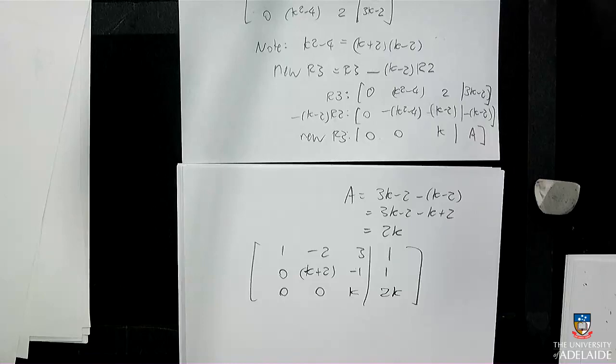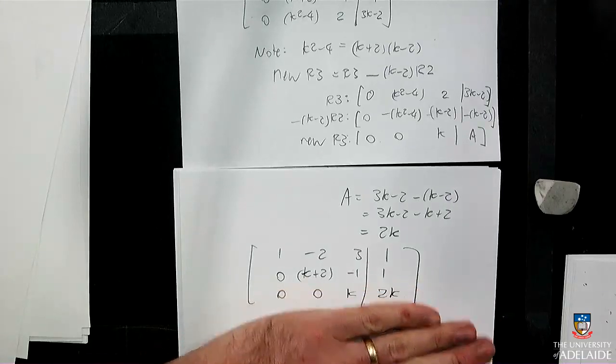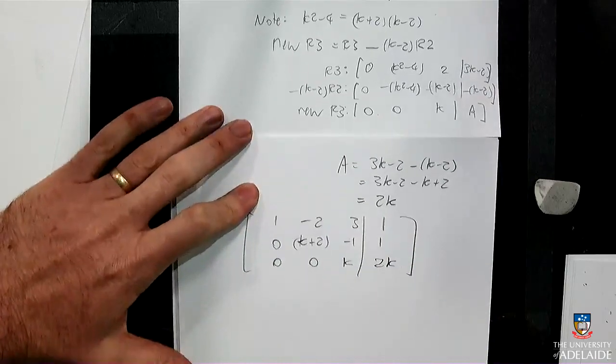All right. Well, at this stage, I can start to see some things. That bottom row, if k is 0, I'm going to get 0, 0, 0, 0. And there's not going to be a problem with that because that means I'll still have solutions. There'll just be infinitely many because I'm going to prevent there being a pivot in this position here.